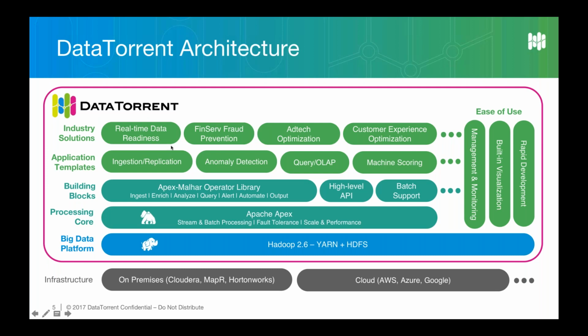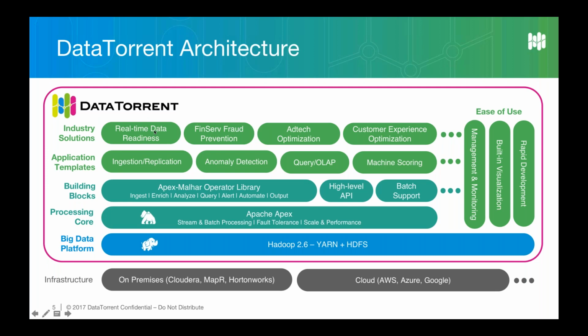At an abstract level, these templates provide industry solutions. A template plus an industry use case gives you what is called an industry solution. So one way to look at the AppHub is that we provide industry solutions in various verticals, such as financial services, ad tech, customer 360, customer experience, or industrial IoT and stuff like that.